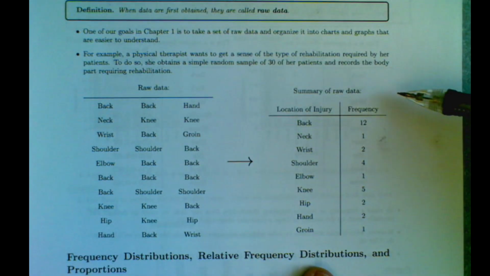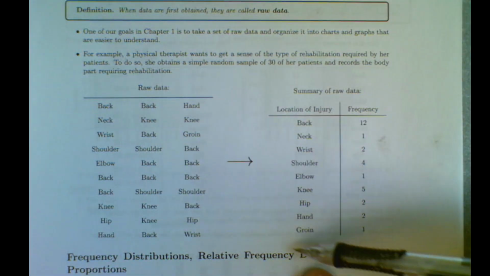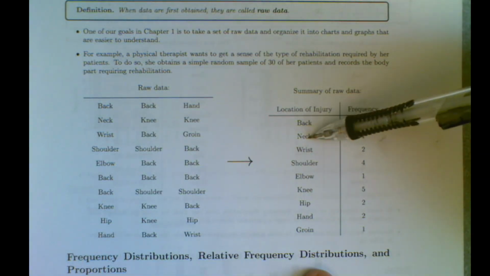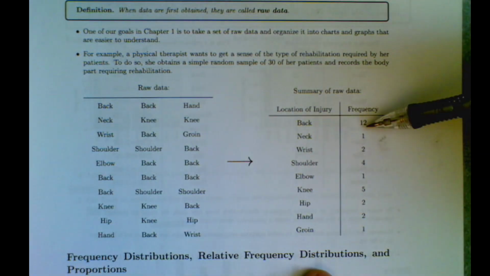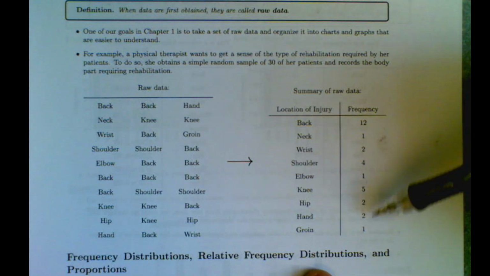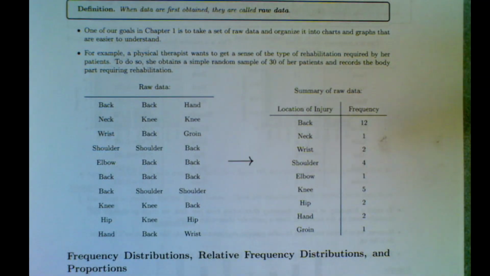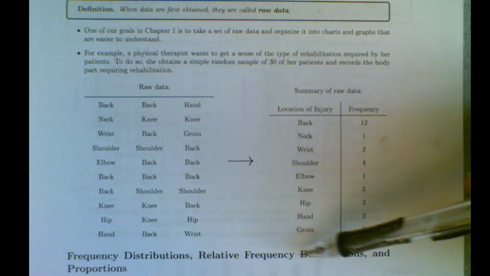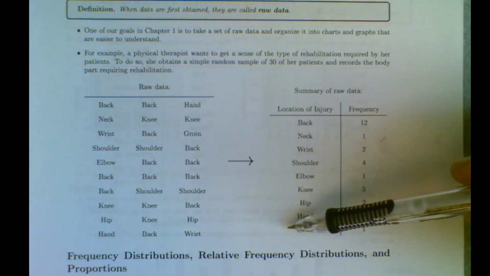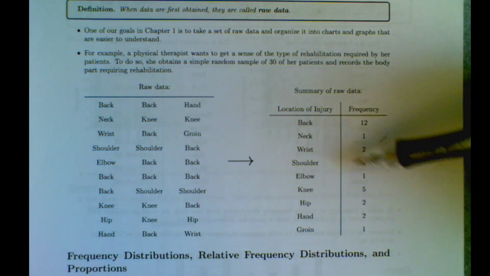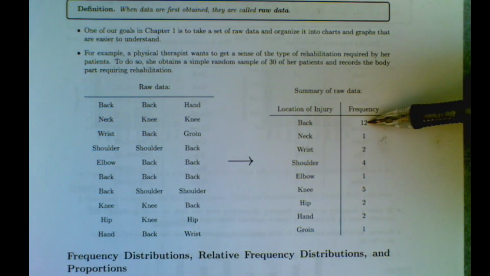Now here we have a summary of the data. We have categorized things by the location of the injury and then counted up the number of times that that particular body part required rehabilitation. You can see that this is a much nicer way to look at the data because you can tell right away, for example, that back injuries were the most common.